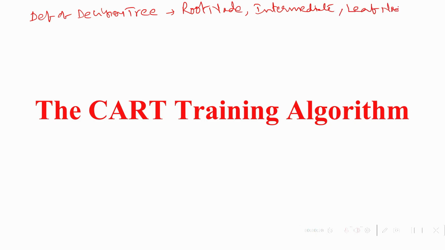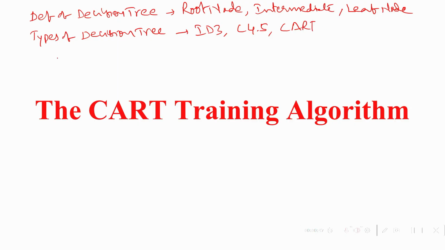We also discussed the types of decision tree algorithms, like ID3, C4.5 and CART algorithm. And also how to train the decision tree and the visualization of a decision tree.